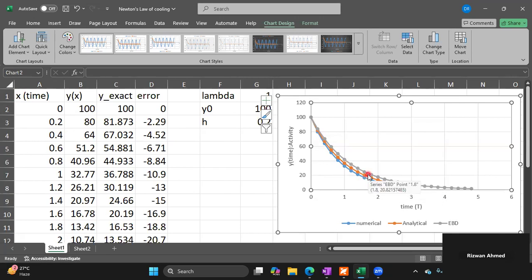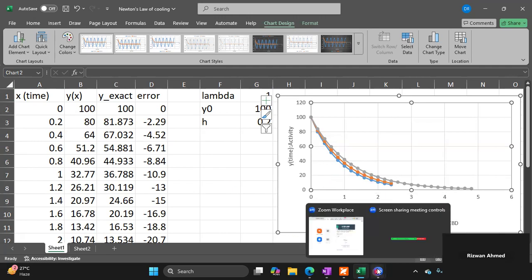So it's a great message that the two methods surround the solution. This is a very successful demonstration today. Let's stop at this point.